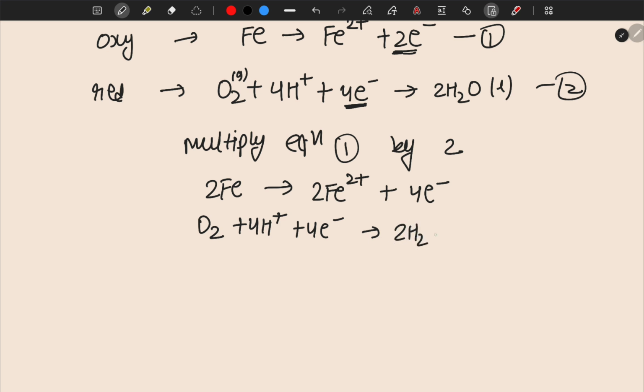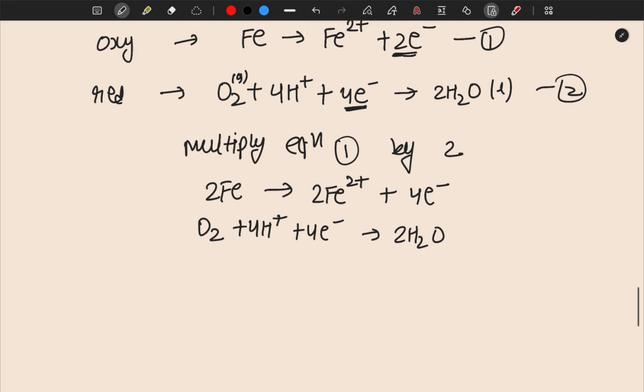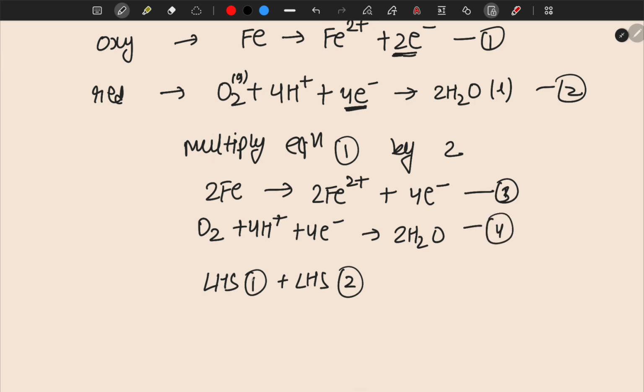gives you 2H2O. And now the best way to get the combined reaction, first we'll try to make the electron number the same, like here 4, here we also make 4. And then once you have the same electron number, just add the LHS to LHS. So LHS of equation 1 plus LHS of equation 2, don't do this, you will get confused.